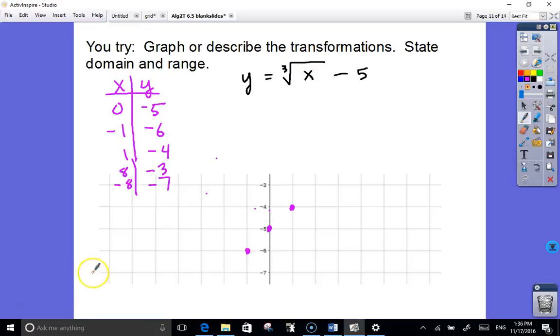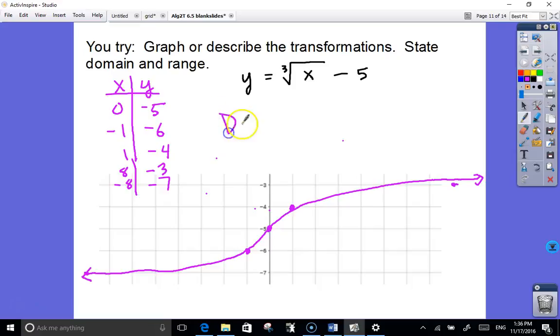So it's about right there and there. And that will look like an S. A fancy R for all real numbers.